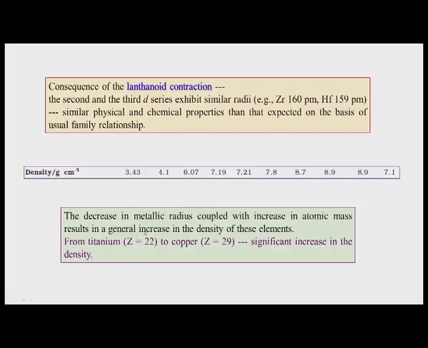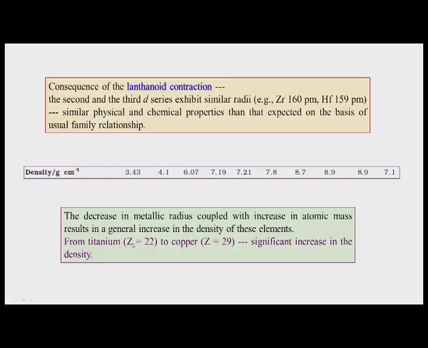A decrease in the metallic radius coupled with an increase in atomic mass results in a general increase in the density of these elements. The plot shows that the metallic radius is decreasing and the atomic mass is increasing, and the change in radius is not overcome by the increase in atomic mass.